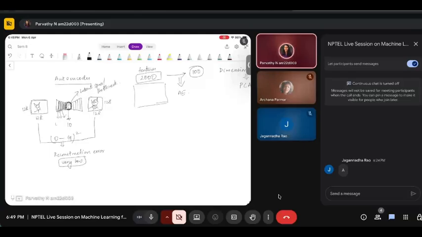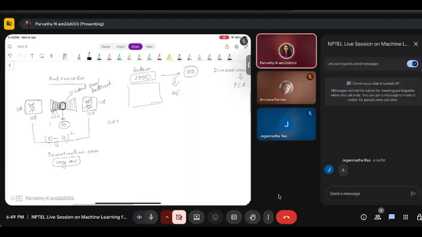If you see the size of this latent space or bottleneck, it is 10. So it has reduced from 128 by 128 to 10. Just for simplification, I have written 10. But then again from this 10, it will regenerate 128 by 128.